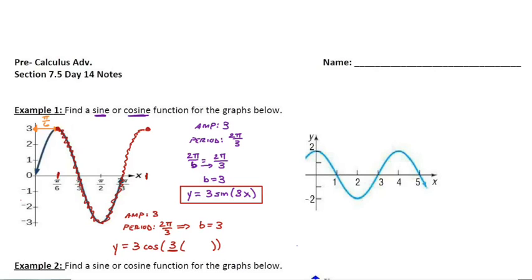So in this case, I'll have a 3, which is my b value, out front, and then on the inside of that set of parentheses, I want to write something that will move my graph to the right pi over 6. And what that'll be is x minus pi over 6. So if I look at this cosine equation that I have here, that cosine graph is for that red portion, and the sine graph I wrote previously in purple, they're the same graph.